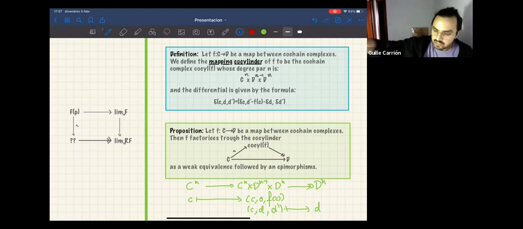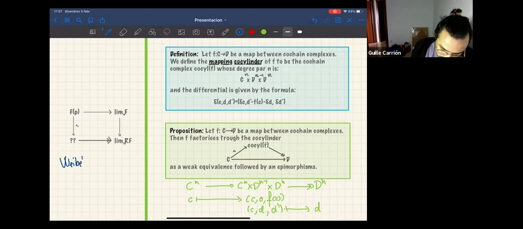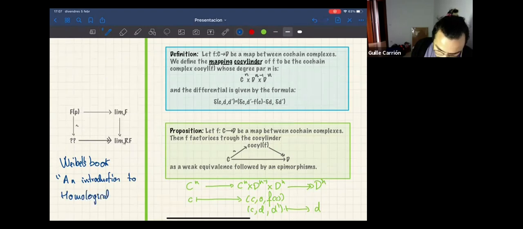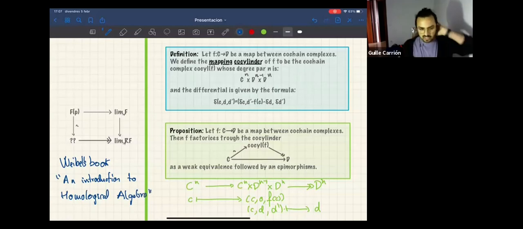If you are not familiar, I highly recommend Weibel's book, an introduction to homological algebra. I can't remember the chapter.